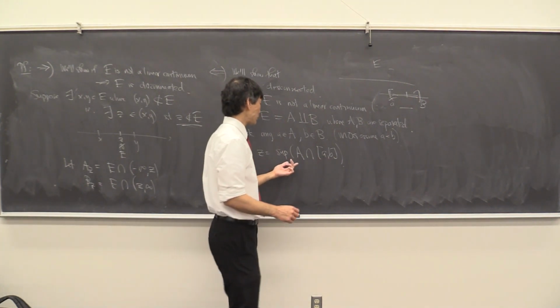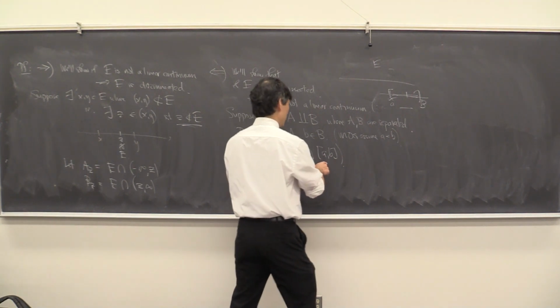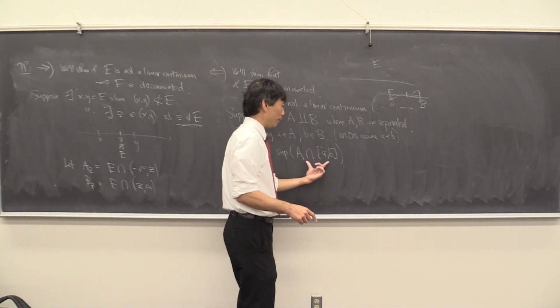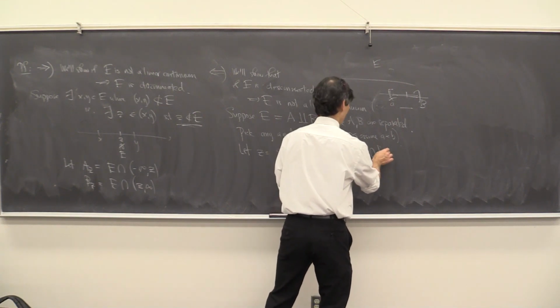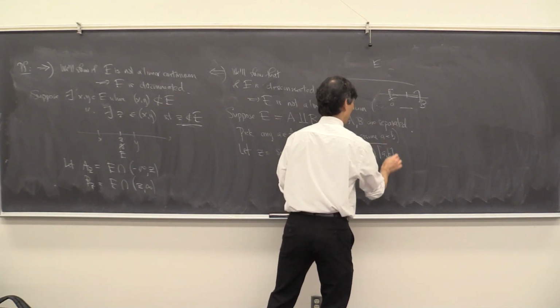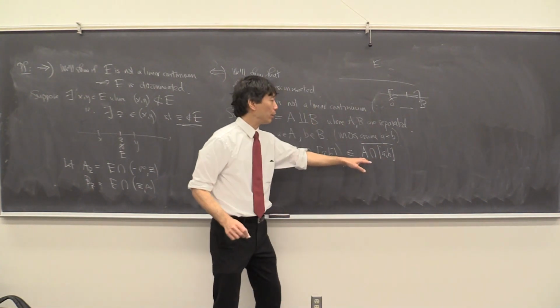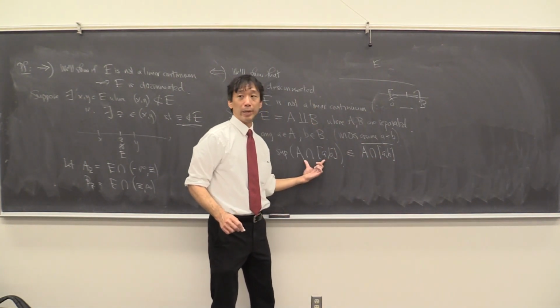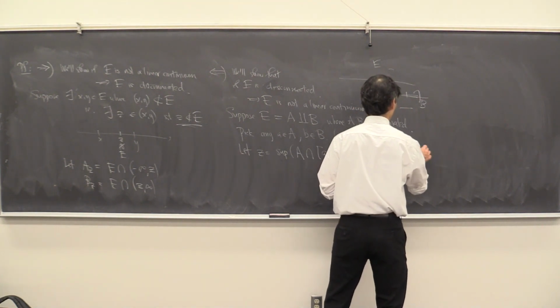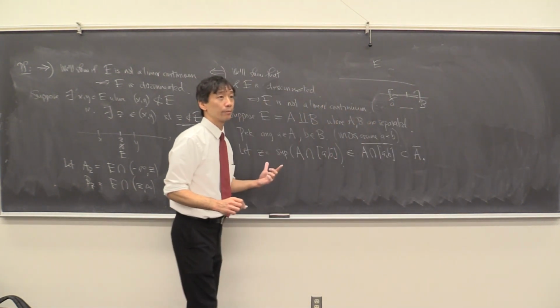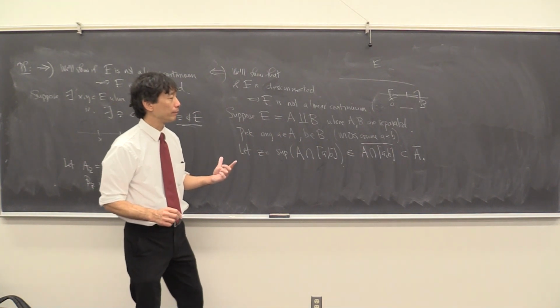Notice that since z is the supremum of this set, it's contained in the closure of the set, which is contained in the closure of A.